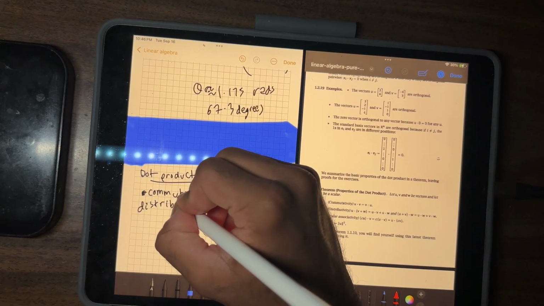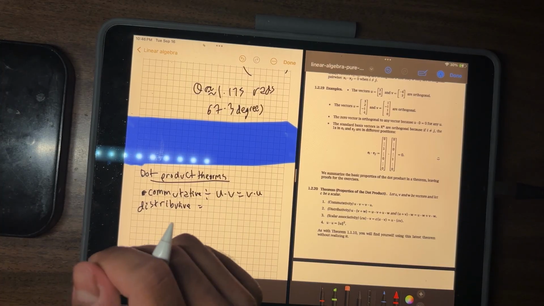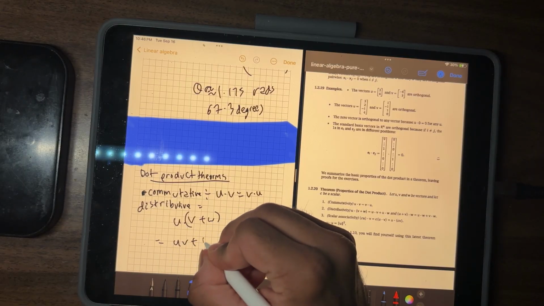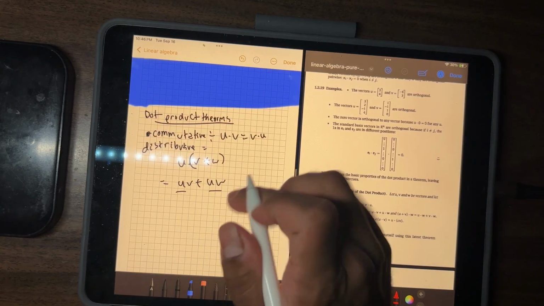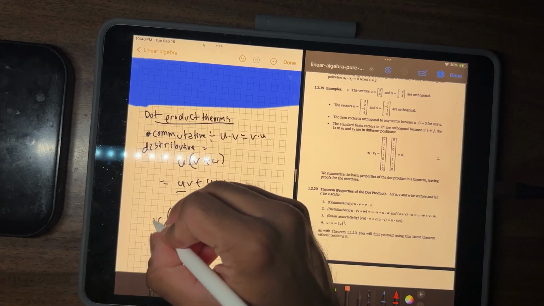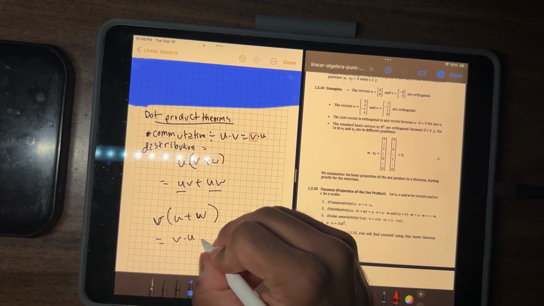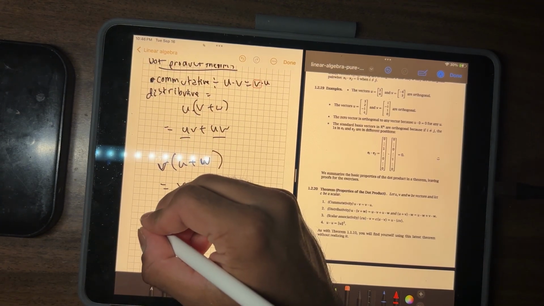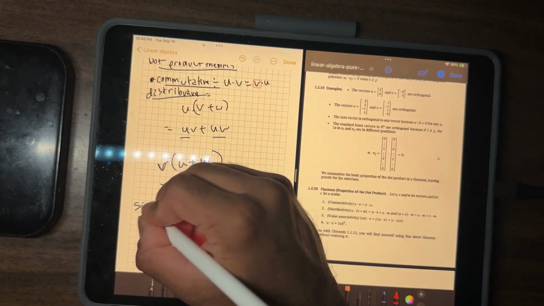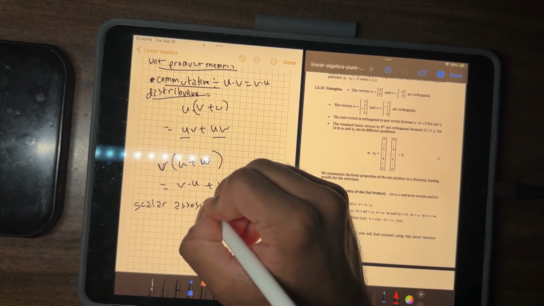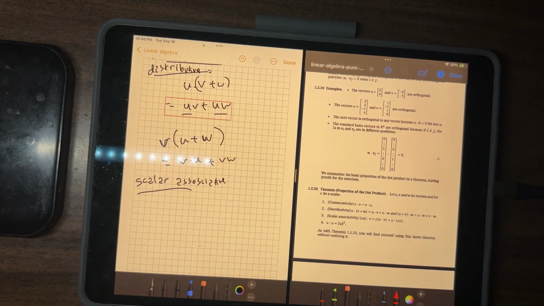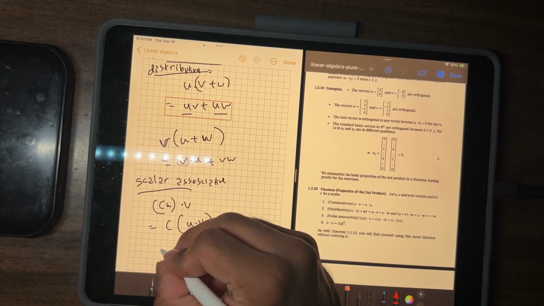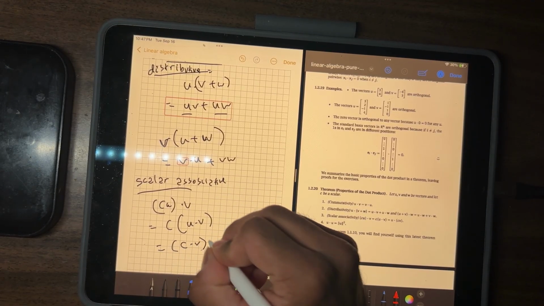Then distributive: if I have u dot (v plus w), this would be u dot v plus u dot w, where each of them is a dot product, and if I have (v plus w) dot u, that would lead to v dot u plus w dot u. Then scalar associative: if I have (cu) dot v, this is the same as c times (u dot v), which is the same as u dot (cv).